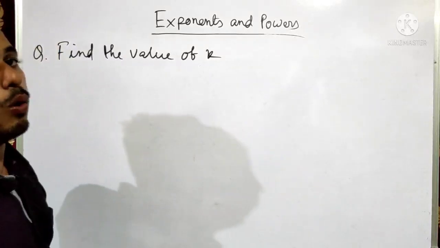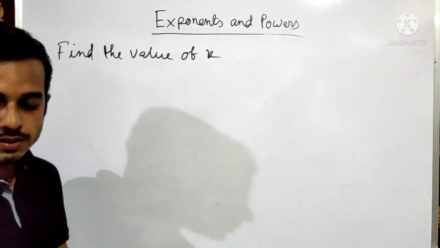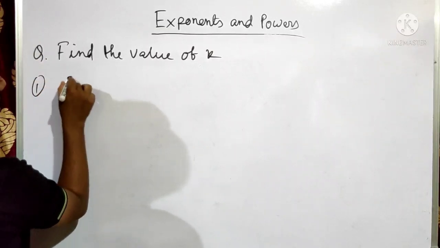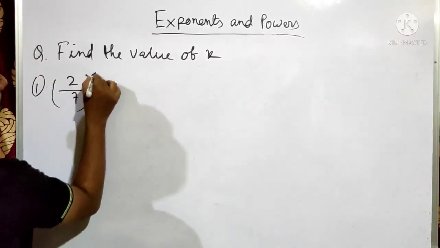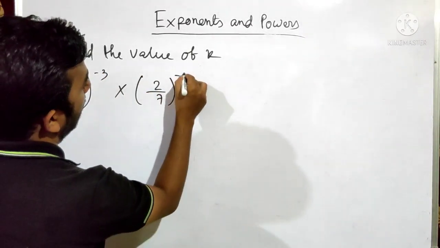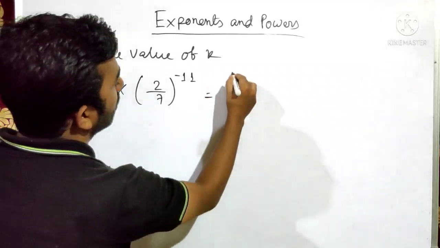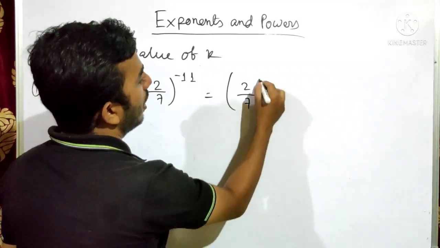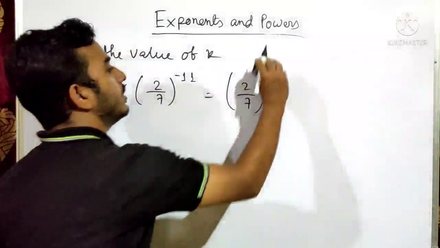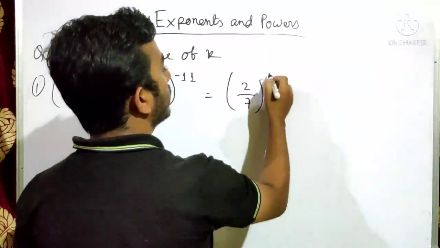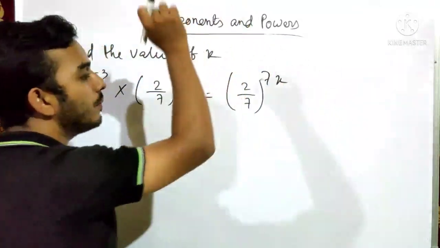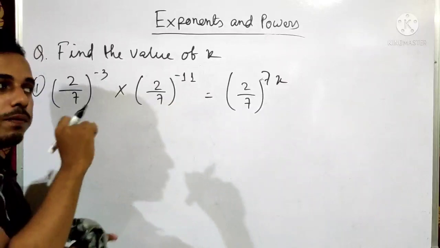So here the expression is (2/7) power minus 3 into (2/7) power minus 11 equals (2/7) power, most probably it is 2x. Yeah, sorry, 7x. Sorry, it is 7x. Okay. So here x is here, isn't it? We have to find the value of that x. Clear? So how do we find the value of that x?